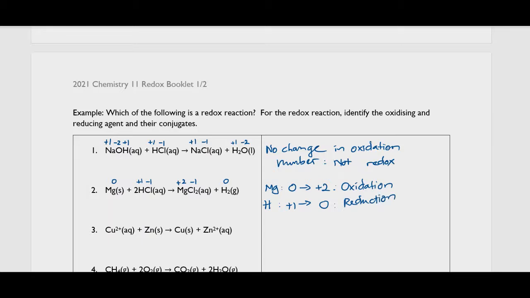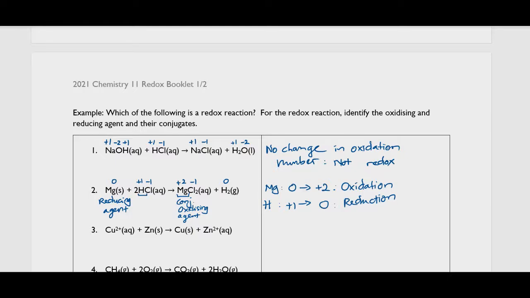So if magnesium has undergone oxidation, then it is the reducing agent. Remember that the reducing agent undergoes oxidation. And if magnesium is the reducing agent, then Mg2+ is the conjugate oxidizing agent of Mg. Okay, so it's very similar to a conjugate acid-base pair.